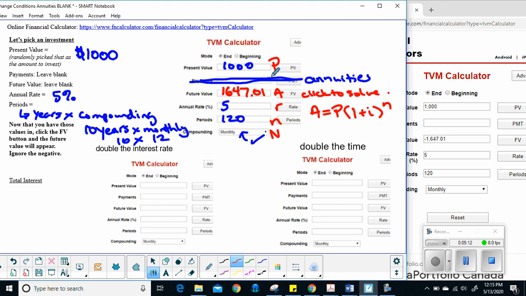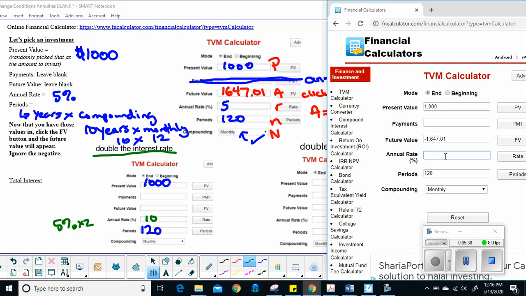There's my n. Okay, so with compounding interest, let's see what happens if I take my $1,000 that I had. I'm still keeping it for the same 10 years monthly. Only in this scenario, I want double the interest rate. So instead of 5%, we're going to double it. So now I've got a 10% interest rate.